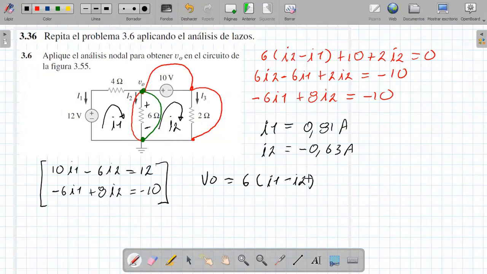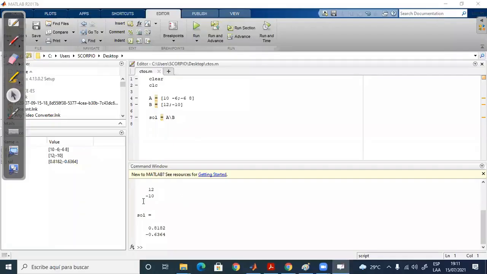Now this is going to be the same. We can use a calculator, right? I'm going to do it with MATLAB. I'm going to say it would be 6 which multiplies sol in position 1 minus sol in position 2. The variable I called is short for solution.